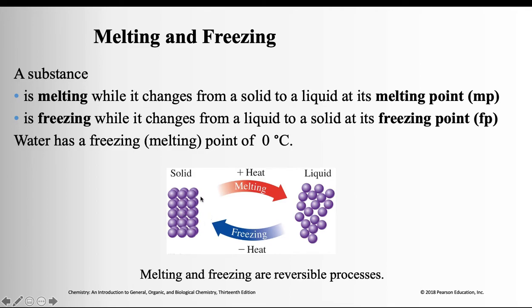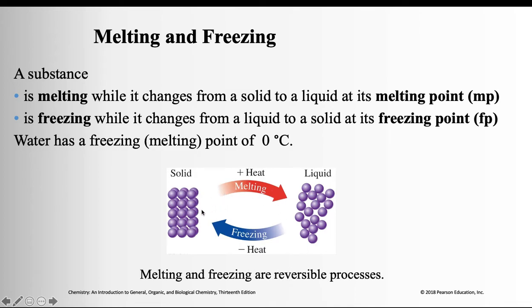To melt the solid, we have to provide heat to increase the kinetic energy of the molecules in the solid, so that they spread apart a little bit to become a liquid. These are called reversible processes.